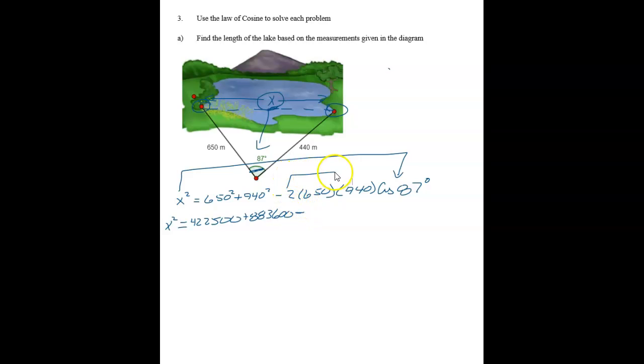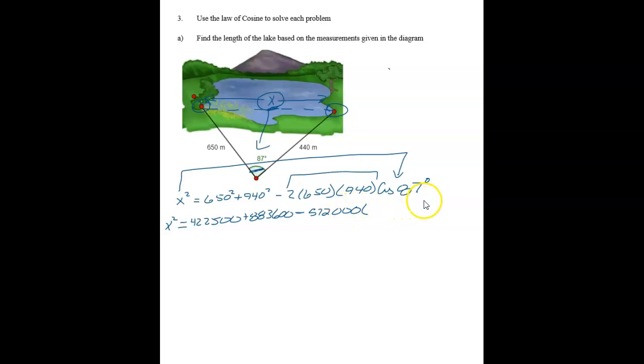Subtract. So you do this part of the math here. 2 times 650 times 440. And you get 572,000.